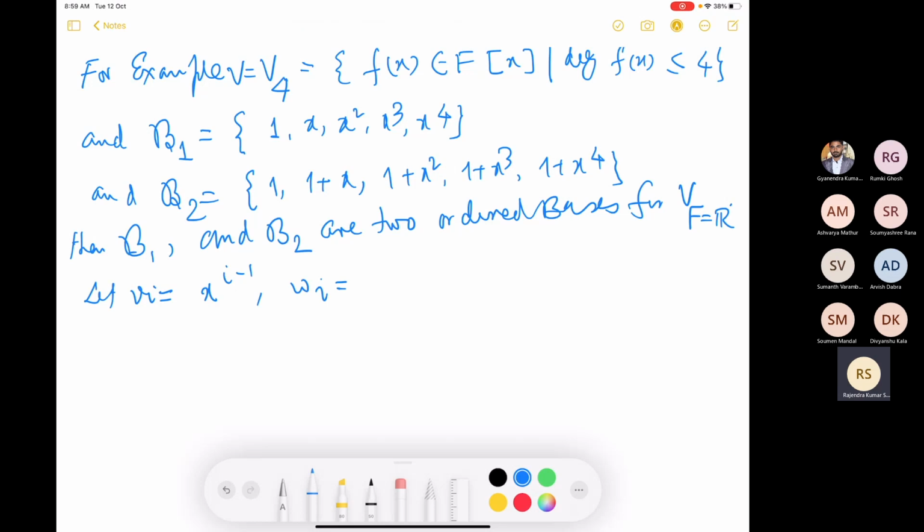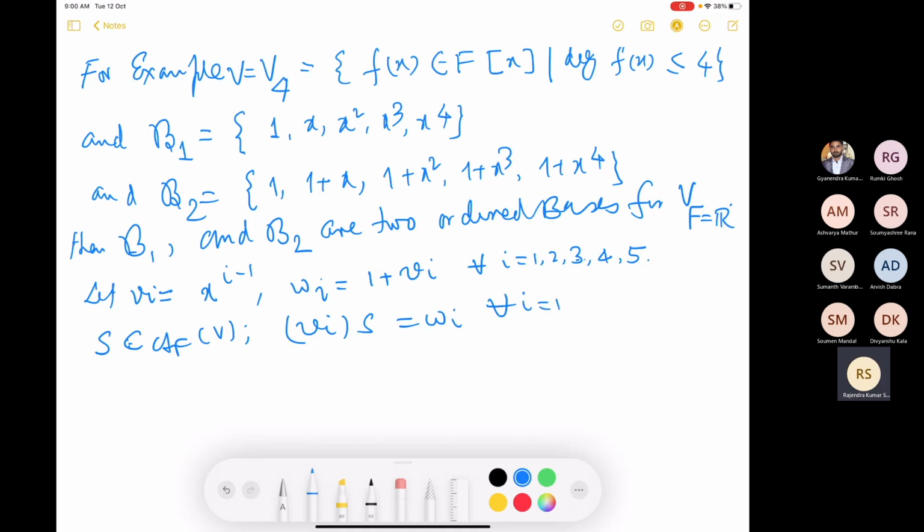And Wi, say 1 plus Vi. That's what it is here for every i, 1, 2, 3, 4, and 5. So like that, these are 5 basis vectors. And S be the linear transformation in V that sends Vi to Wi for every i, 1 to 5.